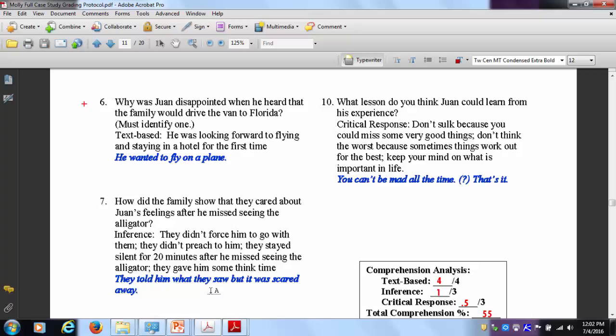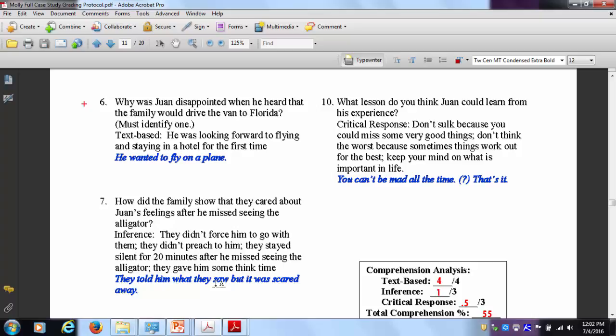Now notice, this, first of all, wants to say you have to critique, make a value judgment about the family. There's no value judgment here. He's just saying what they did, what they told him. So here it reflects that there's a missing of the sequence in which the question was asked.